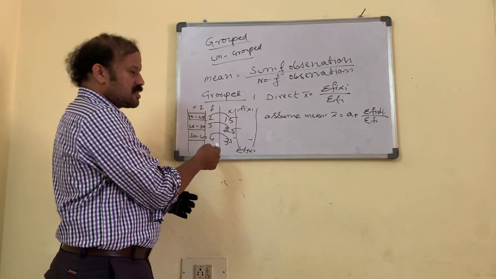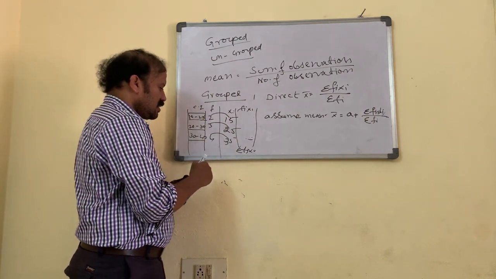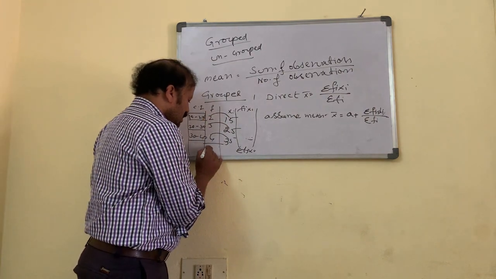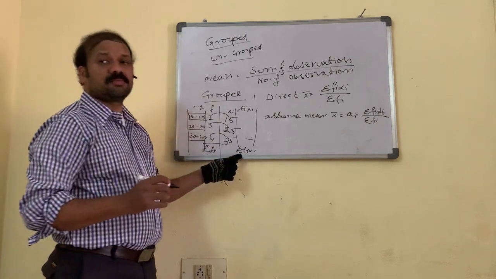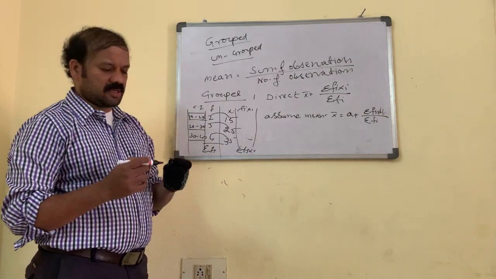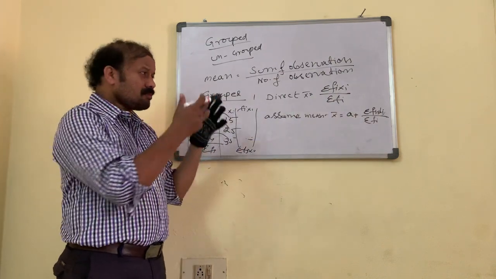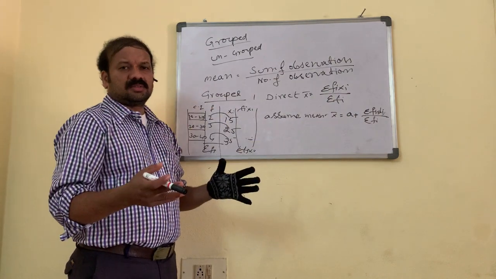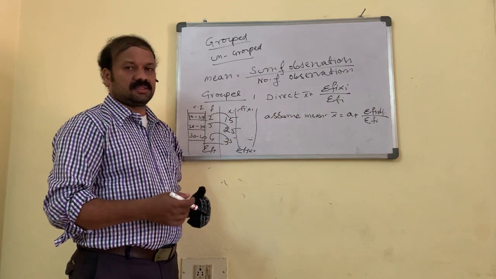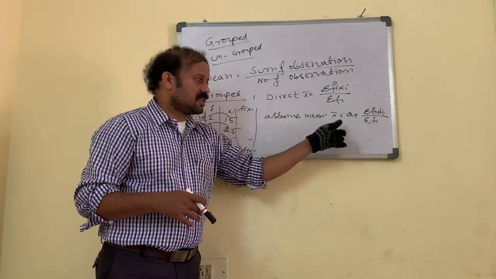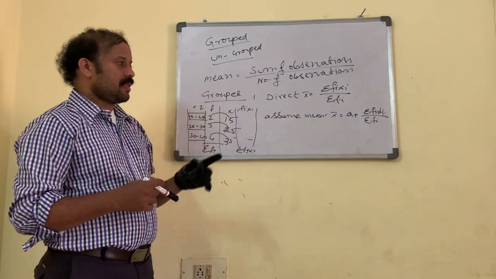Sigma fi is the sum of the frequencies, add everything here. So the direct method formula is sigma fi xi by sigma fi. That is how to find the mean in the direct method. For the assumed mean method, it is a plus sigma fi di by sigma fi.